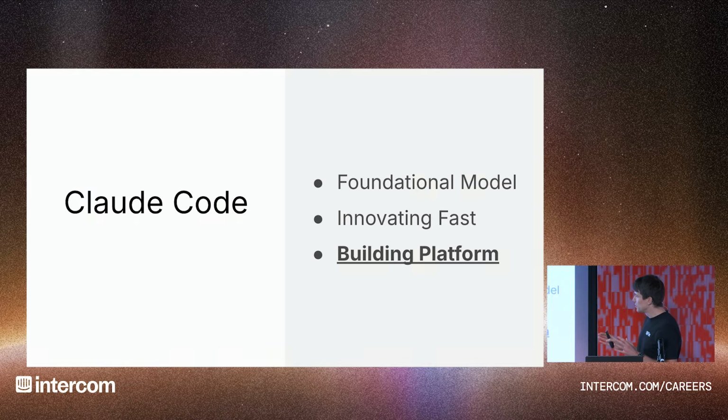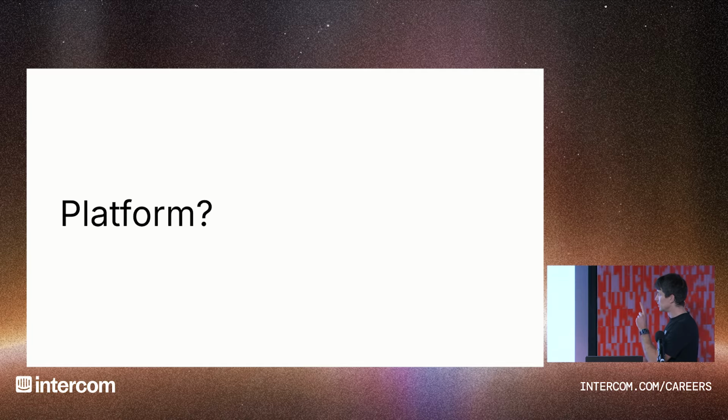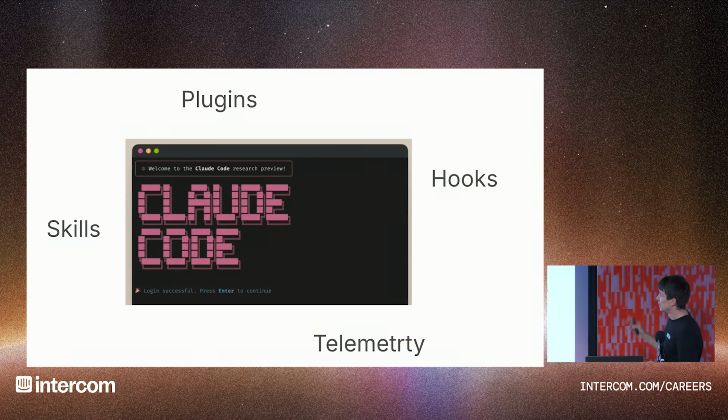And just a quick tangent, why I'm talking a lot about Claude Code. They have a foundational model, Anthropic. They have Opus, best in class, arguably. They innovate fast, but more importantly, they are building a platform, and platform is the most important part here. So why platform? What is platform? Well, platform is the ability to ship your own plugin through the marketplace, so you can distribute your new skills and prompts quickly.